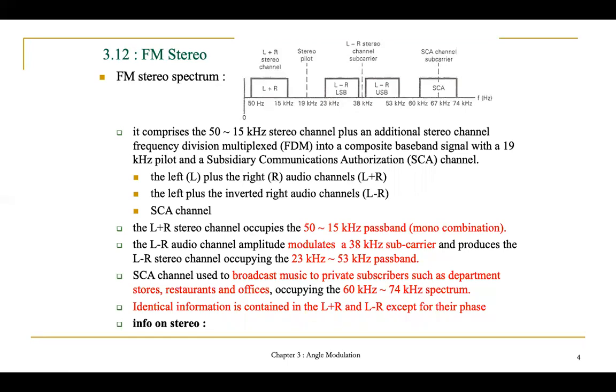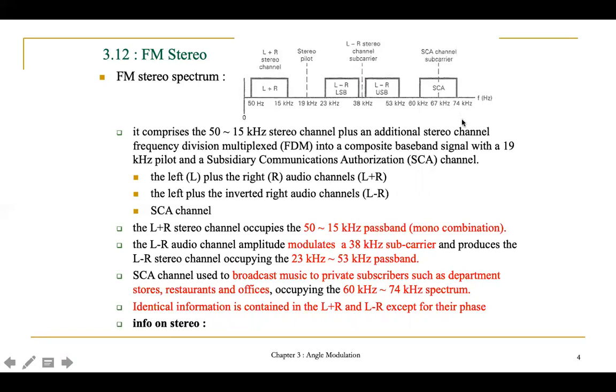So now let's focus on the FM stereo spectrum in figure C. The FM stereo spectrum comprises a 50 Hz to 15 kilohertz stereo channel, which is this part, plus an additional stereo channel frequency deviation multiplexed into a composite baseband signal with a 19 kilohertz pilot and also a subsidiary communication authorization (SCA) channel.